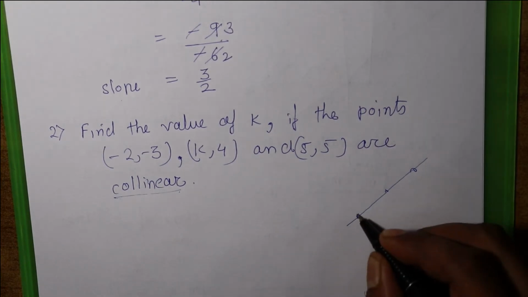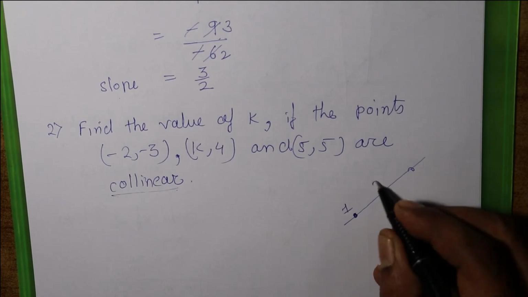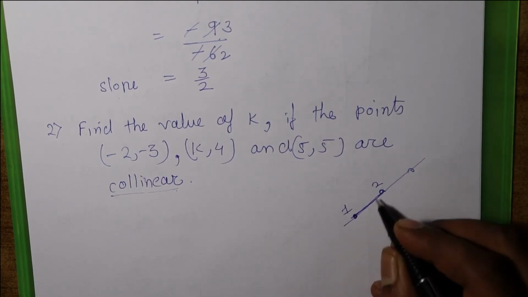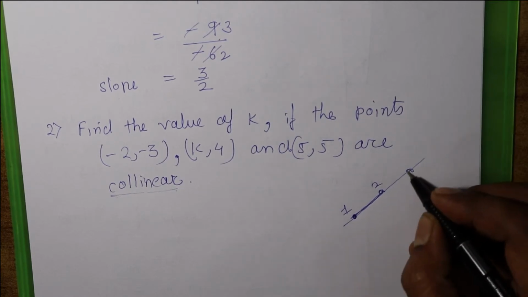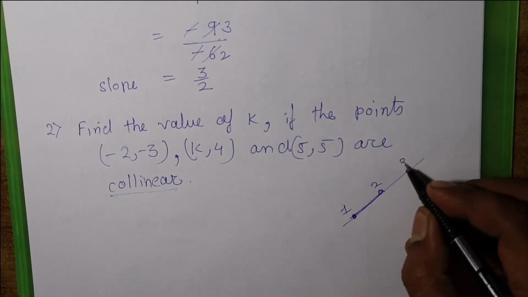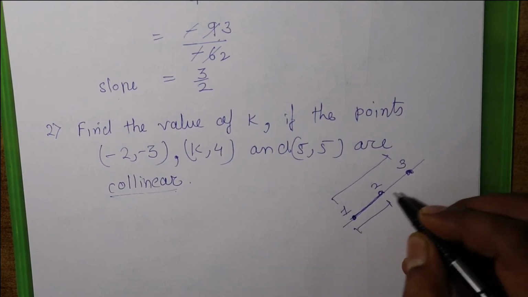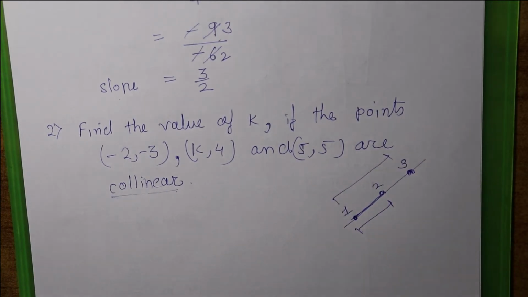So if I take point 1, point 2, the slope between point 1 and point 2 will be equal to the slope which is to be found between point 1 and point 3. So both the lines will have the same slope since they are overlapping lines, or we can also call them parallel lines.